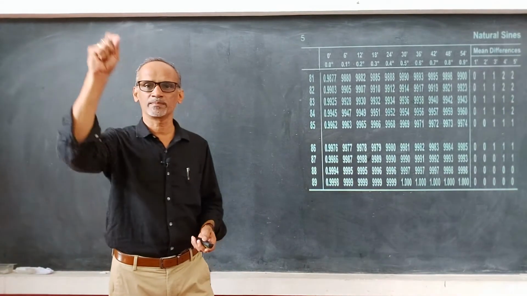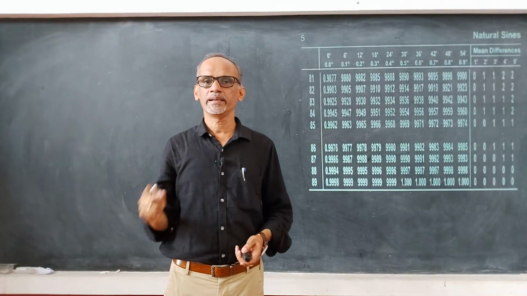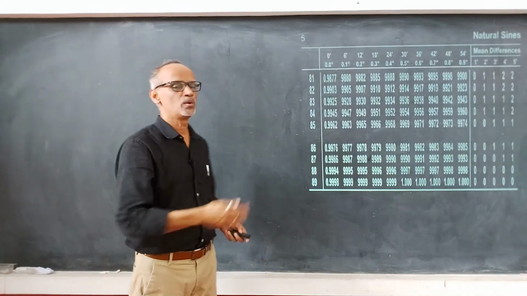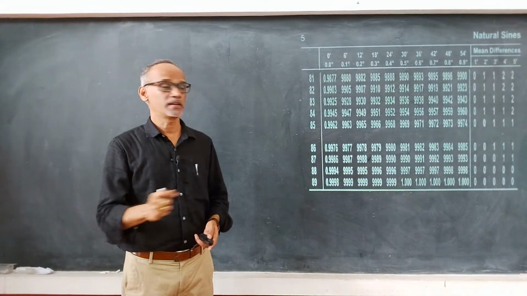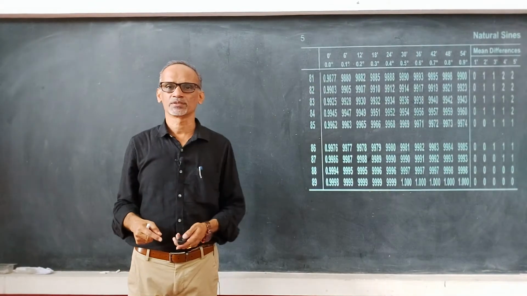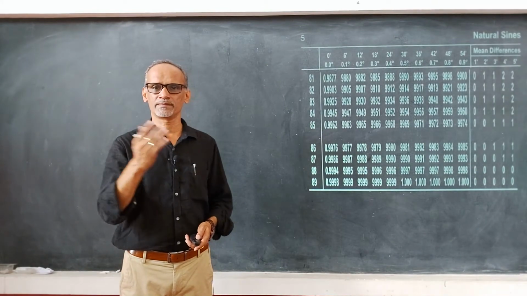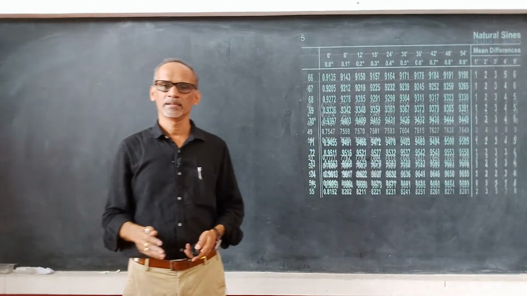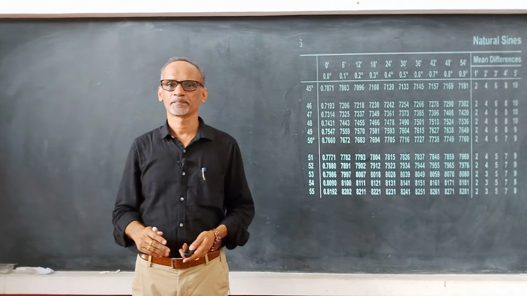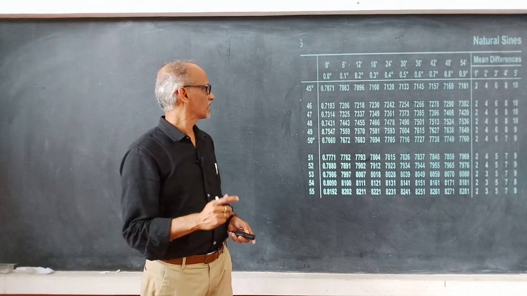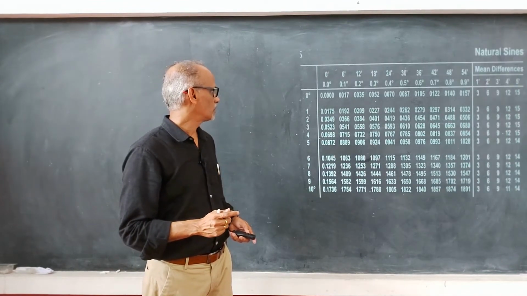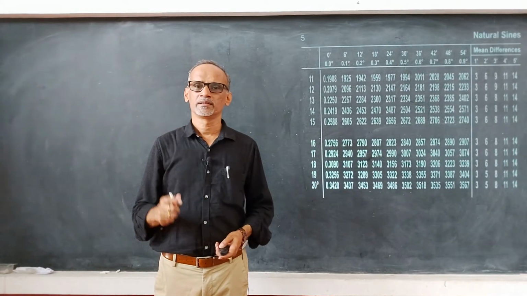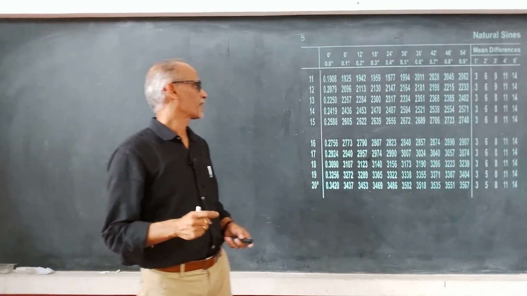That means starting from 0 degree till 89 degree, you can find all the values of which function? Of the sine function. Similar tables are there even for cos as well as for tan. It's one and the same. Okay. So I'm going to give an example of how we can find the sine of a particular angle.